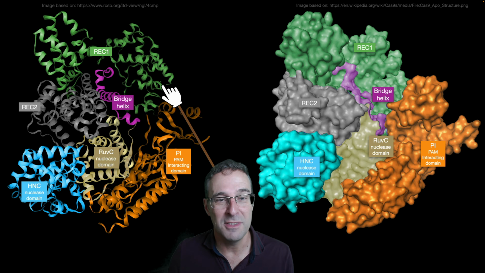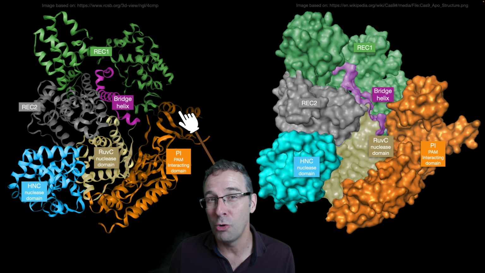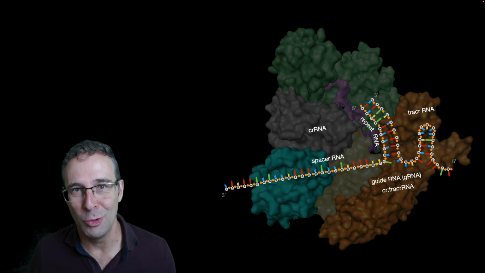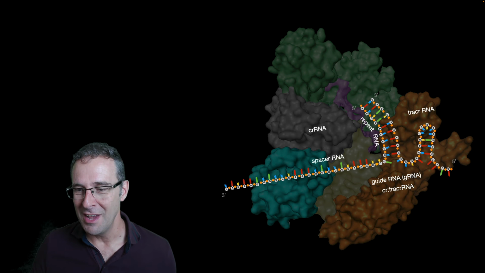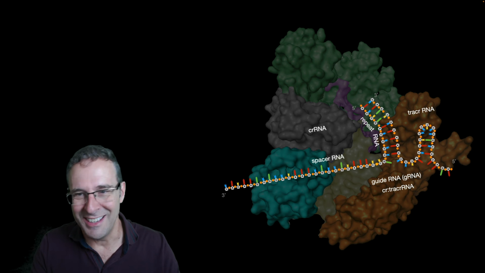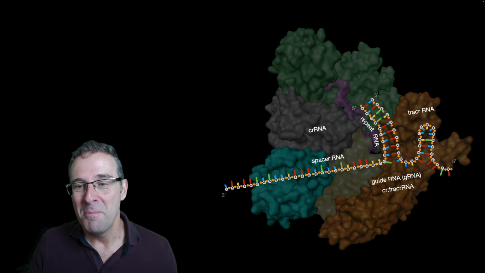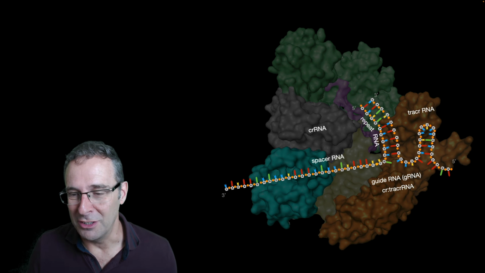A lot of the rest of this structure is there just to hold the guide RNA in place in the Cas9 enzyme. And this is what that looks like, or it's really a cartoon representation of what it looks like, because of course, the guide RNA is not all stiff like cardboard, it's all twisted and bent up, but it gives you a bit of an image of what it looks like there.